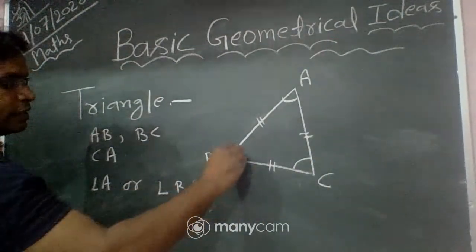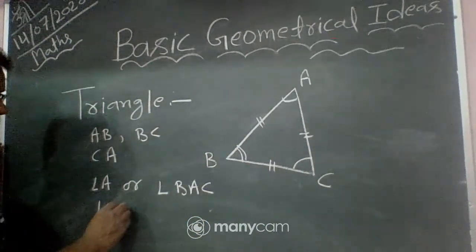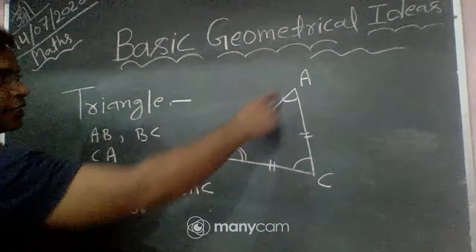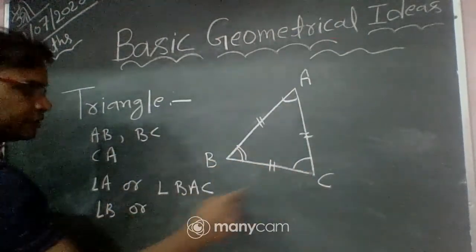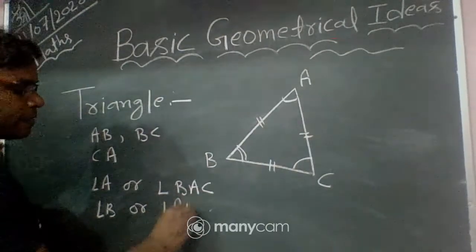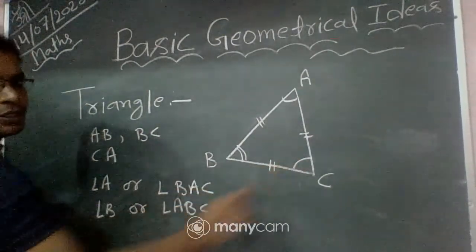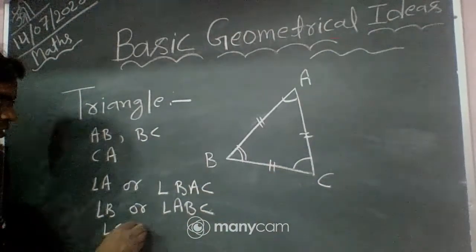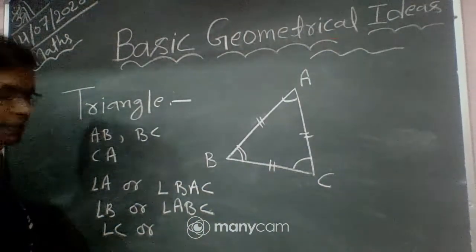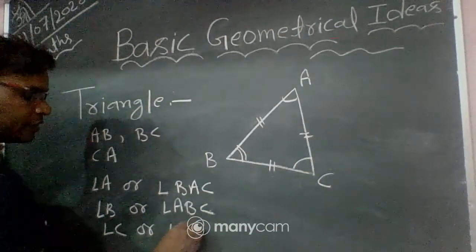This angle is called angle B, or simply you can say angle ABC. And this angle is called angle C, or simply you can say angle BCA.